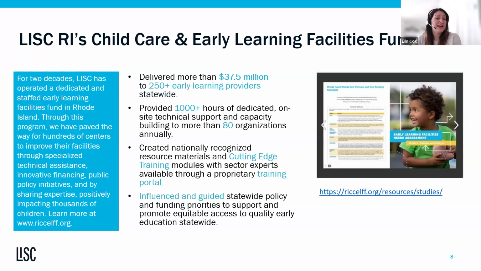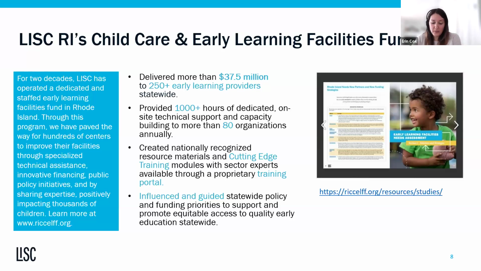We also do this through technical assistance, where on an annual basis, we're providing roughly 1,000 hours of long-term and dedicated one-on-one TA to about 80 organizations a year. This includes about half of the organizations that reach out to us who need facility improvements related to deferred maintenance, which we'll talk a little bit more about in a bit.